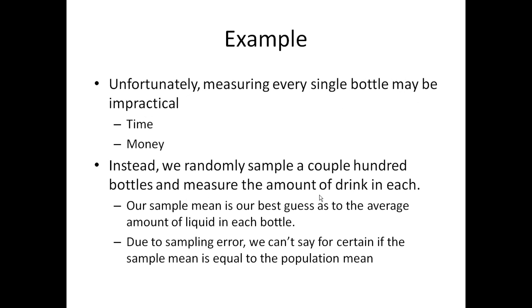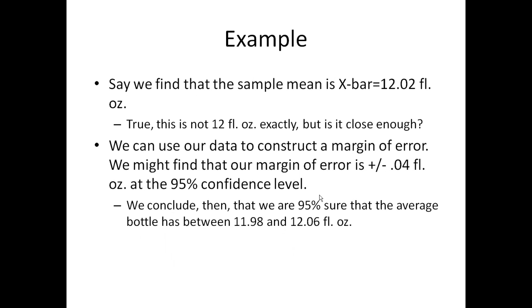Again, measuring every single bottle is going to be impractical in terms of time and money. So instead, we're going to conduct a random sample, measure the amount of beverage in each of the containers, and then use our sample mean and our sample standard deviation to calculate a confidence interval. So let's say, for example, we find the sample mean, X bar, is 12.02 fluid ounces.